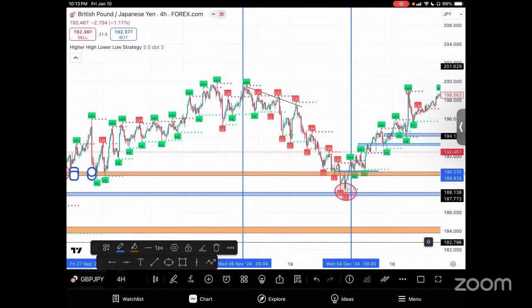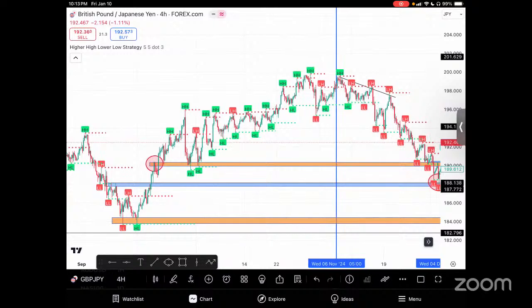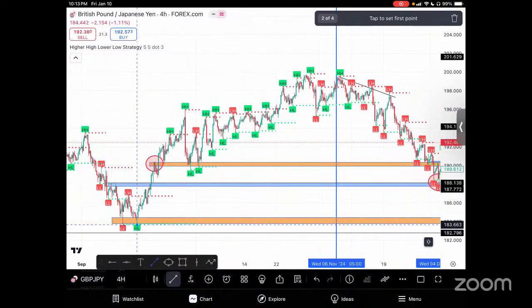So at what point is the pair that you trade bullish? Well, over here, this was a bullish market right here. When did it end? When the candles broke the trend line.